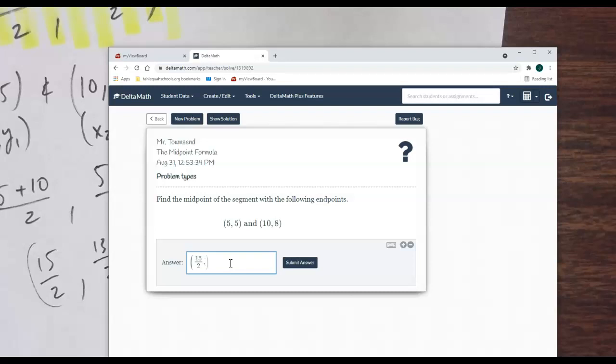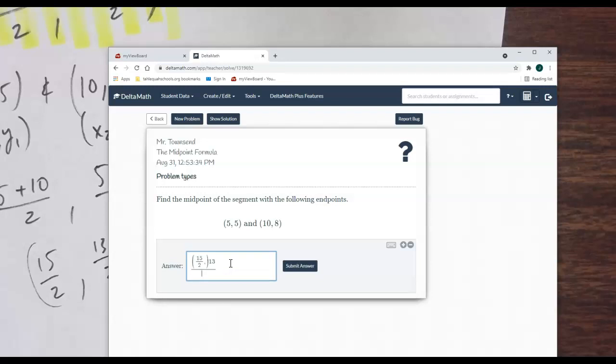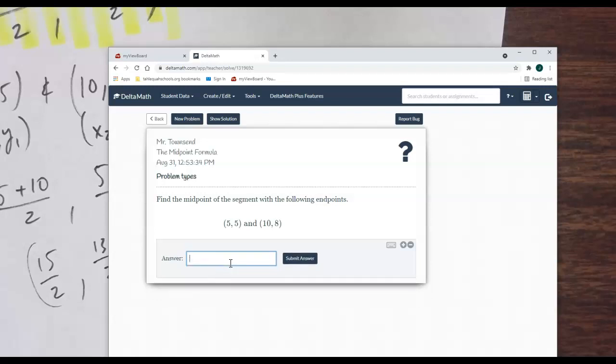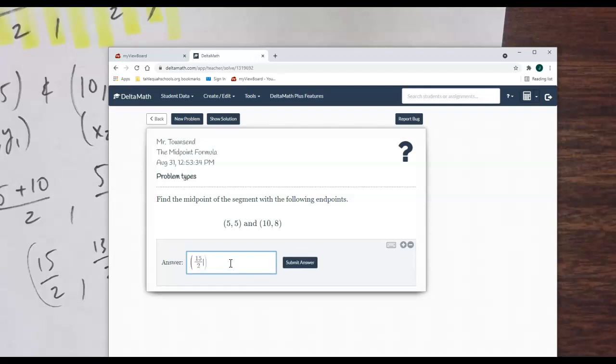What's the deal here? 13 over 2. That is ridiculous. We'll try 6.5. There we go. What an ordeal.